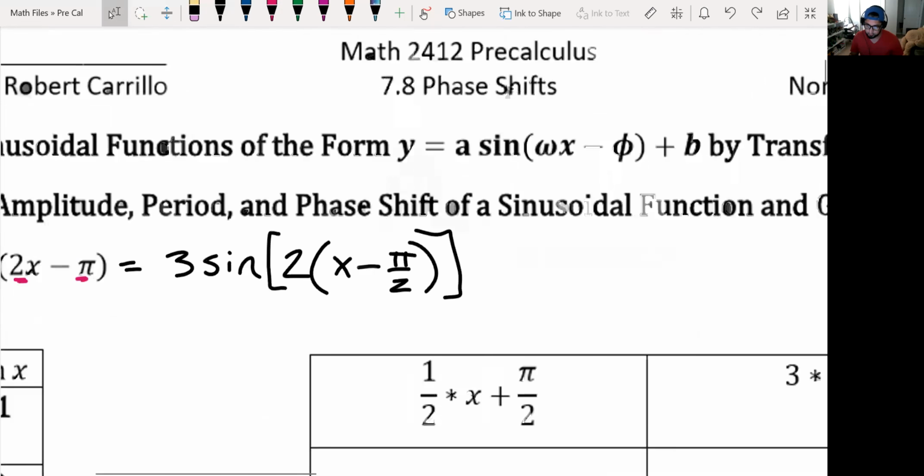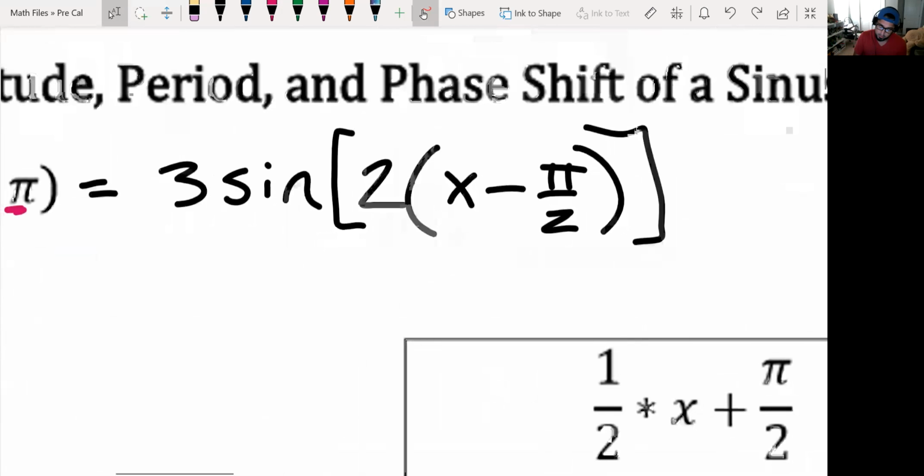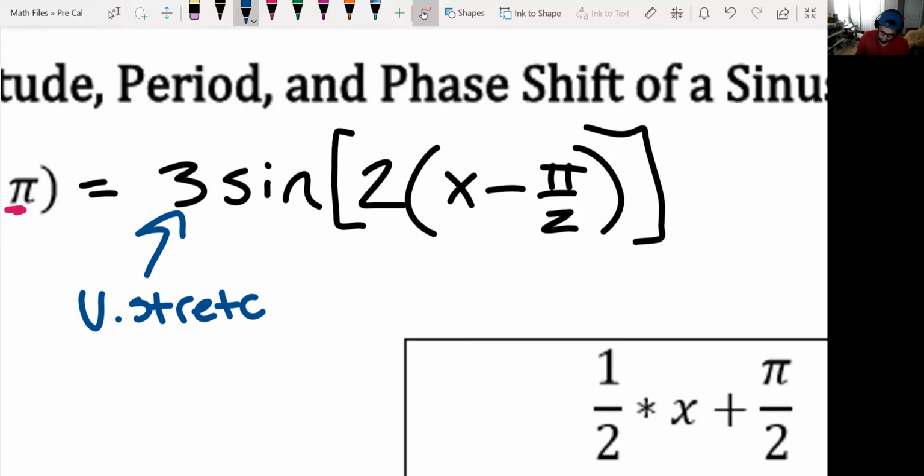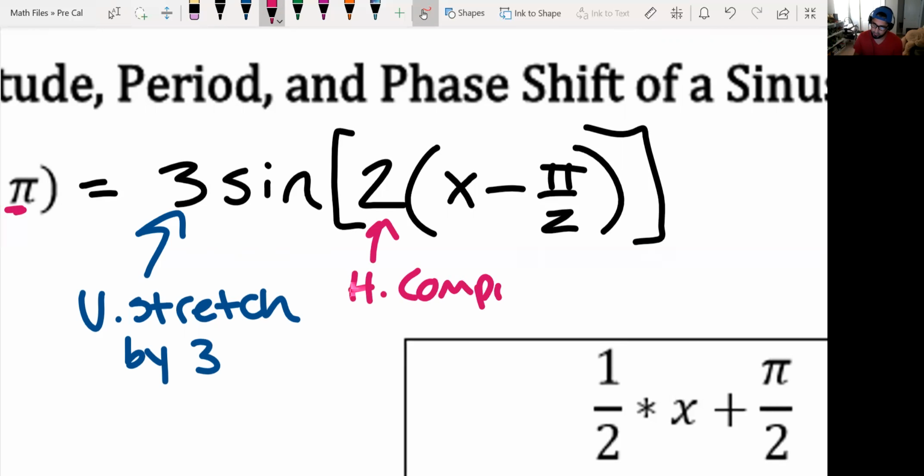So if I zoom in, the first transformation is a vertical stretch by 3 units. The next transformation that's happening is a horizontal compression by, remember, always think opposite, this is going to be by 1/2.